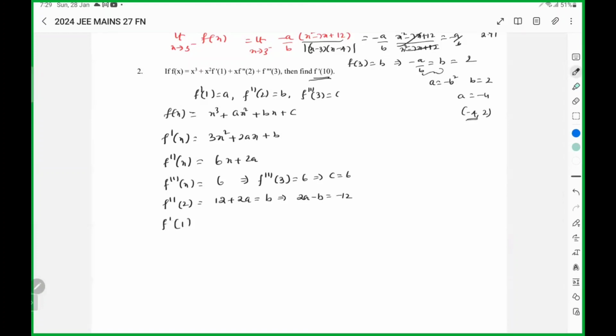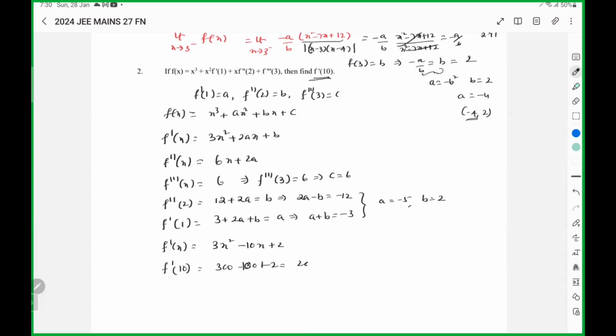F dash 1, 3 plus 2a plus b, which is a. So a plus b is minus 3. Adding, 3a is minus 15. So b will be 2. So then f dash x will be 2a here is minus 10x plus 2. He is asking f dash 10, 300 minus 30, 10 into 10, 100 plus 2, 202.